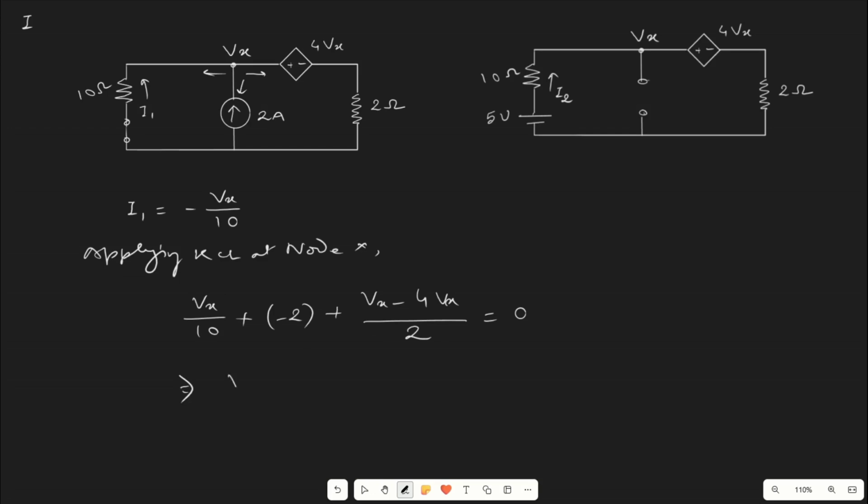So we can determine the value of Vx from here, which after solving will come out to be 10 divided by 7 volt.